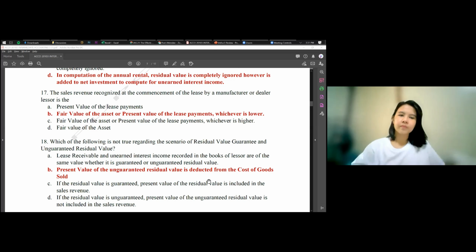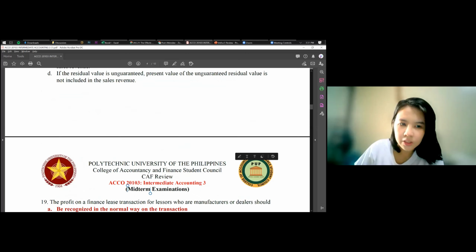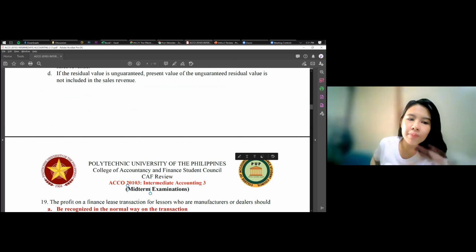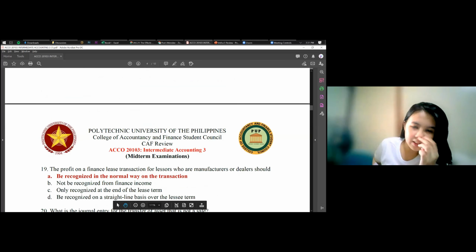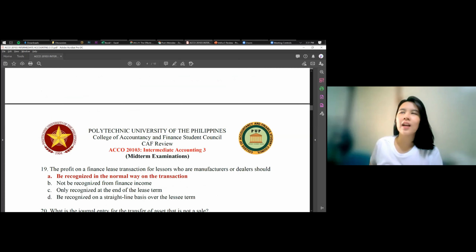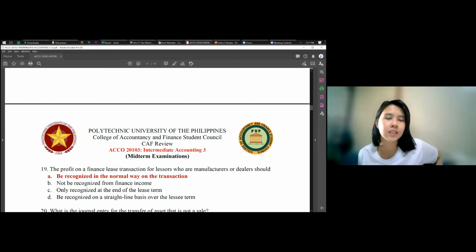19. Okay. The profit on a finance lease transaction for lessors who are manufacturers or dealers should, yeah, diba? So, A, be recognized in the normal way of the transaction. So, I think narinig nyo na rin to kanina. So, usual entries lang, we will include sales and a credit.